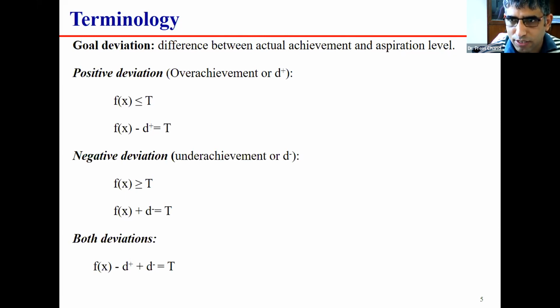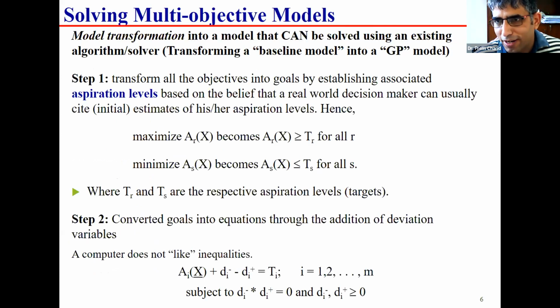So positive deviations are subtracted and negative deviations are added to the left hand side to balance the equation. Got it? So our constraints and objective function, got it?